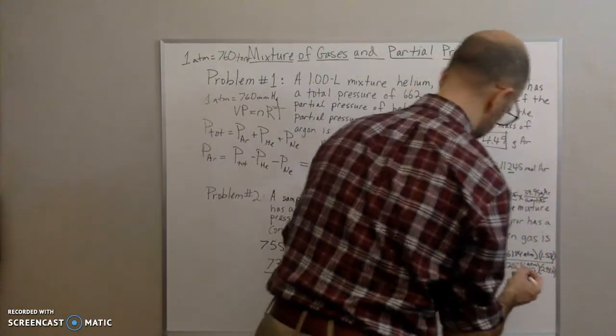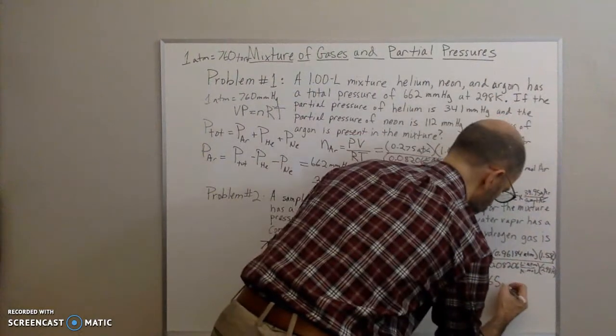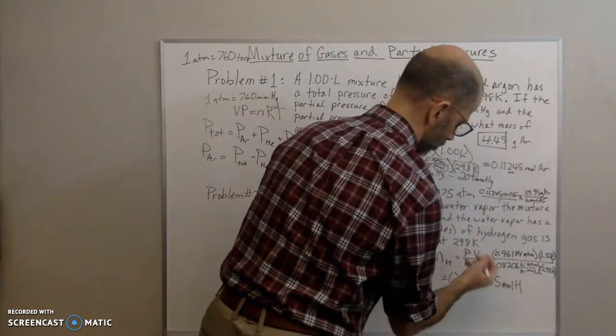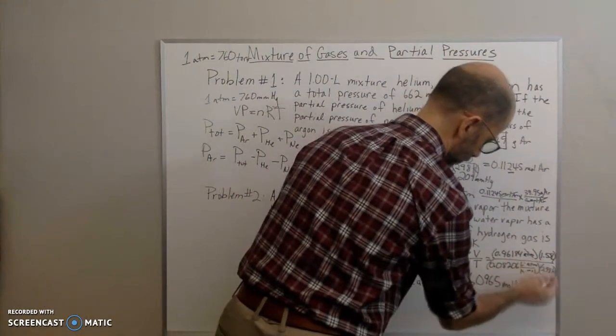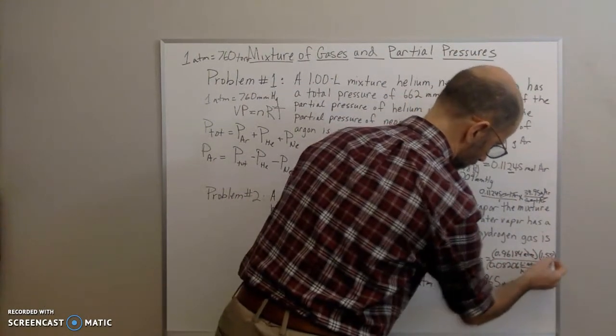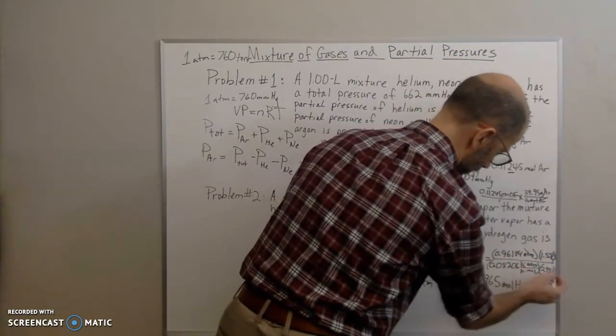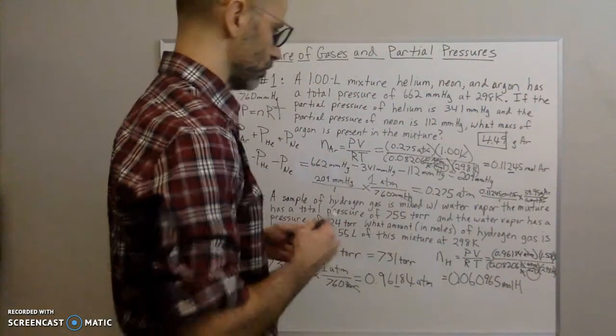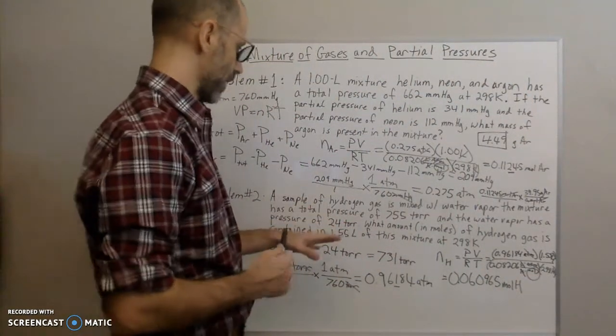Since this is going to be moles of hydrogen, we can see that the atmospheres cancel out, liters cancel out, and Kelvin cancel out, leaving moles. Okay, so now we have moles of hydrogen, which is what they're asking for.